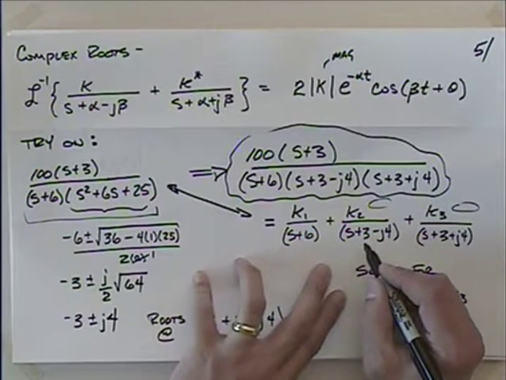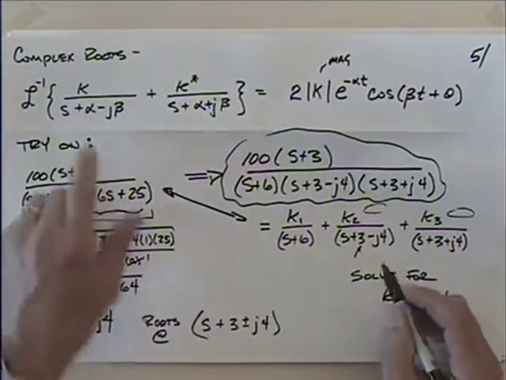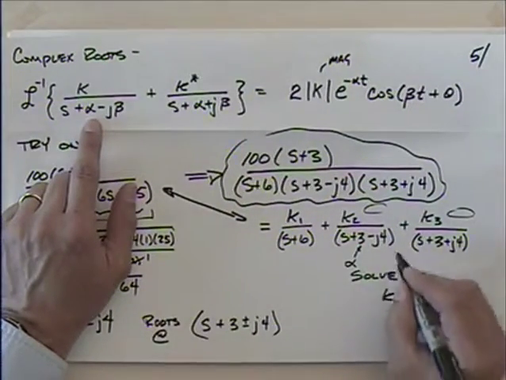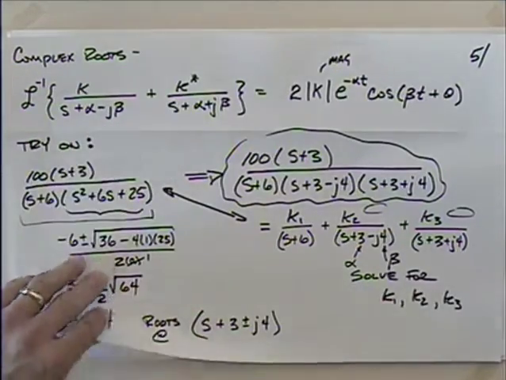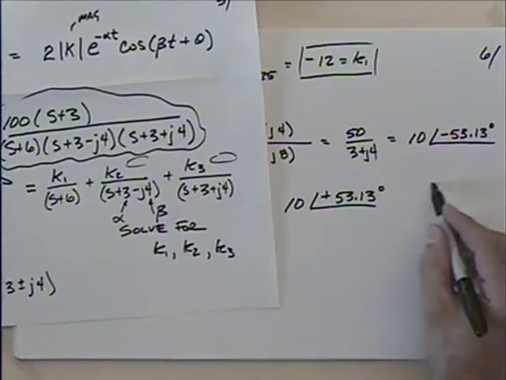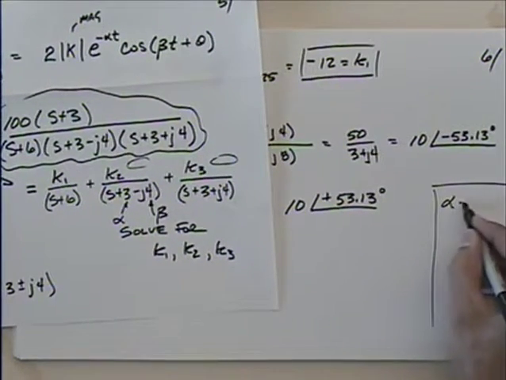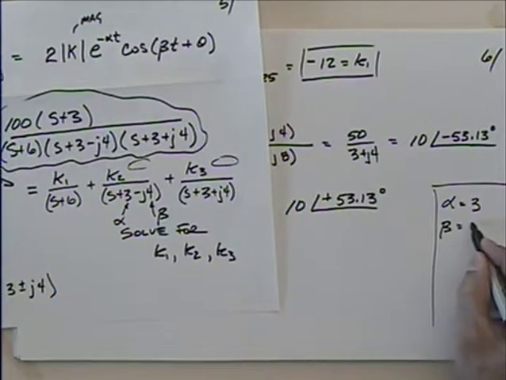This by definition is alpha, isn't it? And this 4 is the beta. So let's make a little cheat sheet here. Alpha is equal to 3, beta is equal to 4.